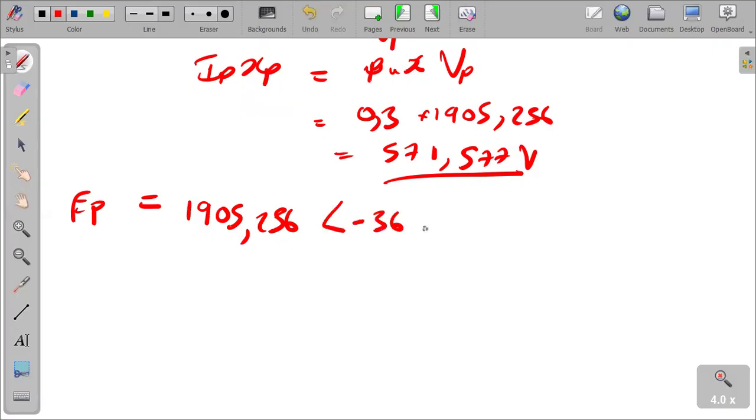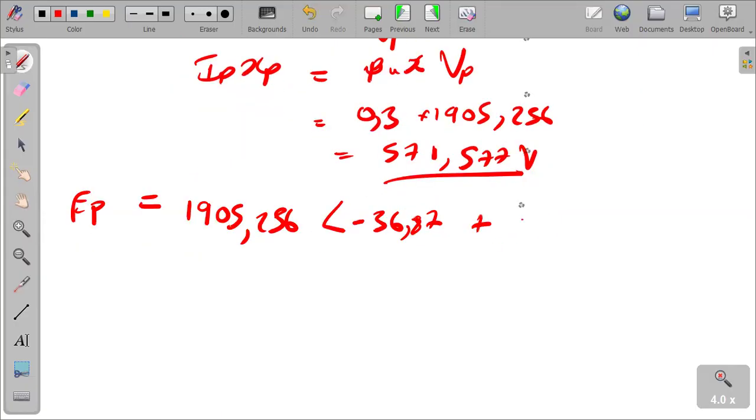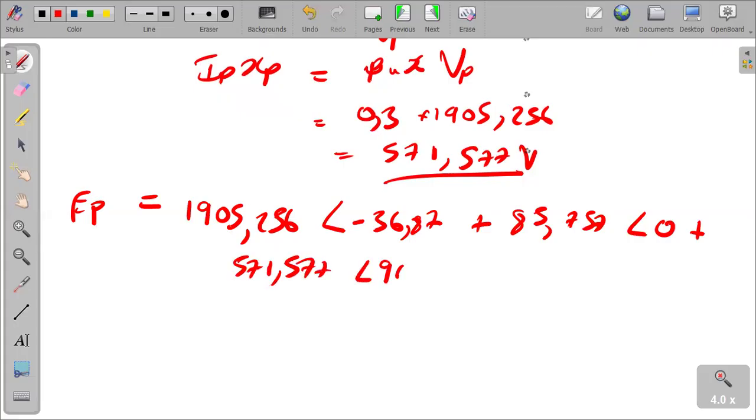Do take note there, negative 36.87, right? Plus, we have already determined IP RP, that's our IR as a matter of fact. Remember, these are phasors, so we have 85.757 angle of 0 plus 571.577 angle of 90, right?